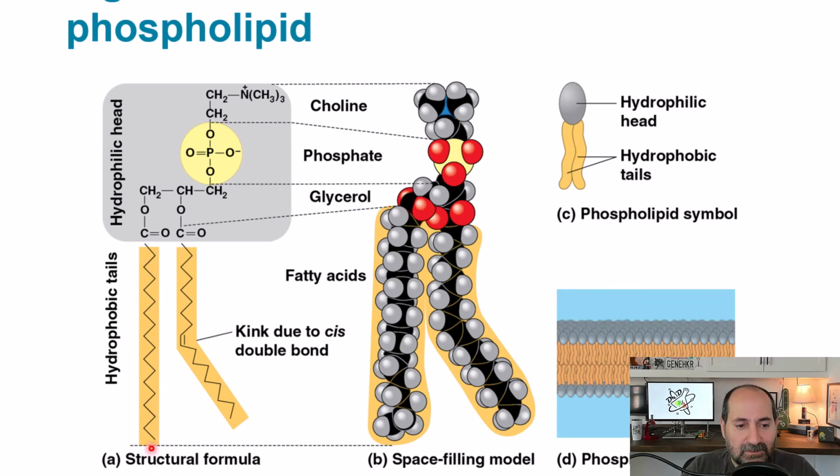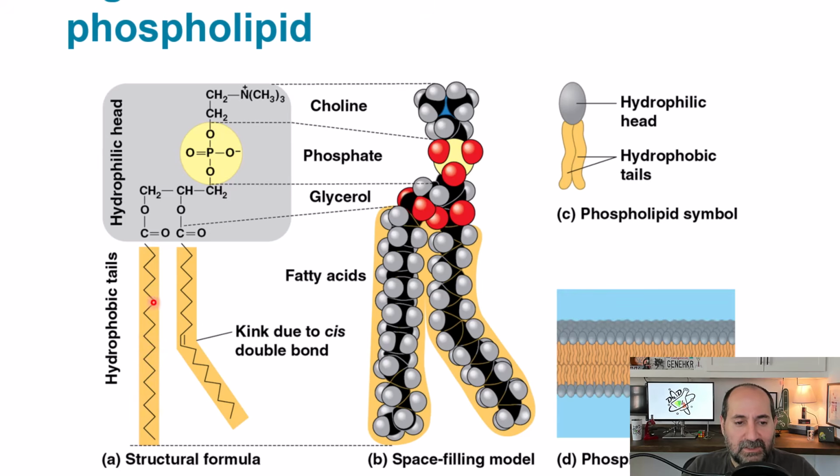But look down here. What are these called again? These are called fatty acid tails. In fact, the one on the left appears to be a saturated fatty acid tail, and the one on the right appears to be an unsaturated fatty acid tail. Now, what do we know about fatty acid tails? What are they comprised of? Remember, just carbon and hydrogen, carbon and two hydrogens, carbon and two hydrogens.